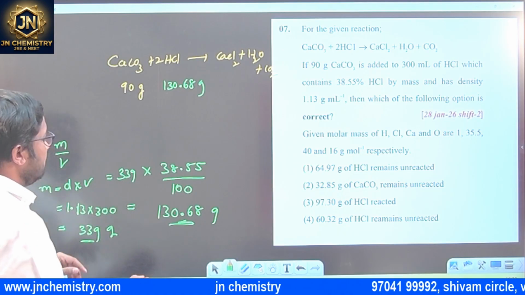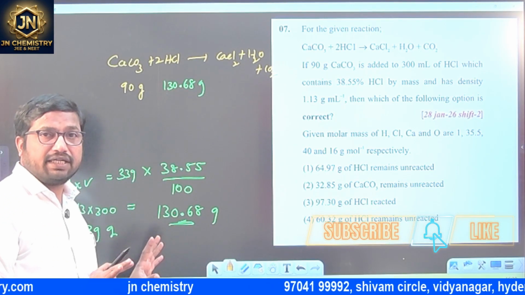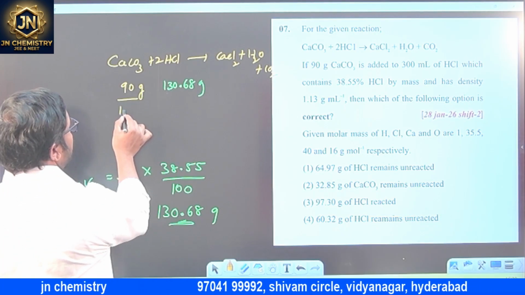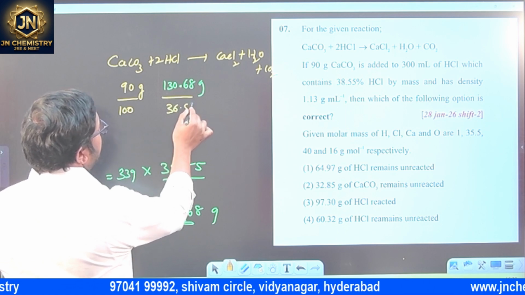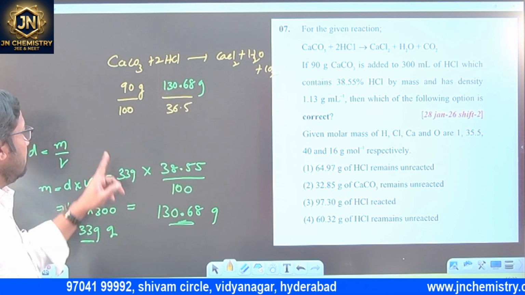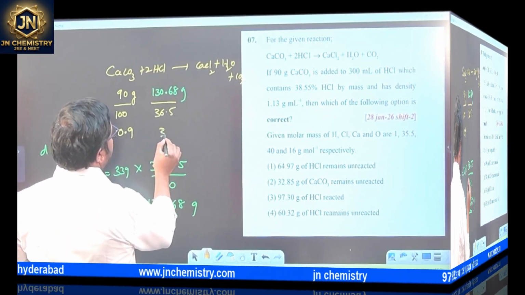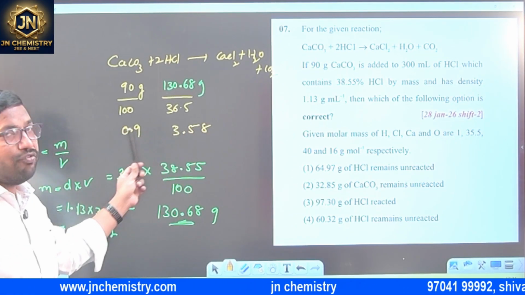Okay, next. Mole concept is easy, as whatever we did. Weight by molecular weight: 90 by 100 for calcium carbonate, and 130.68 by 36.5 for HCl. So we get 0.9 moles and 3.58 moles. These are the numbers of moles.